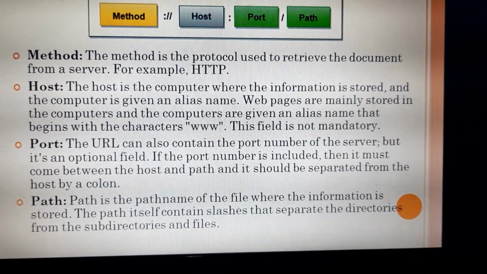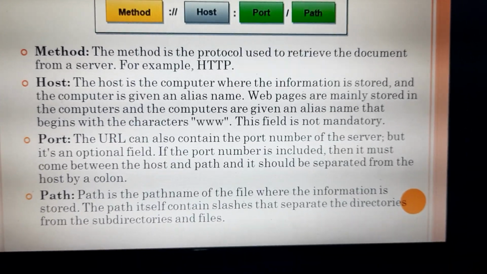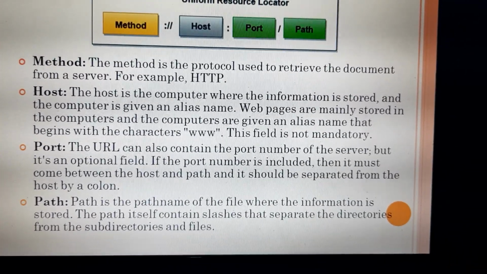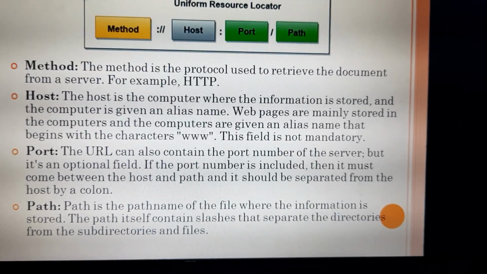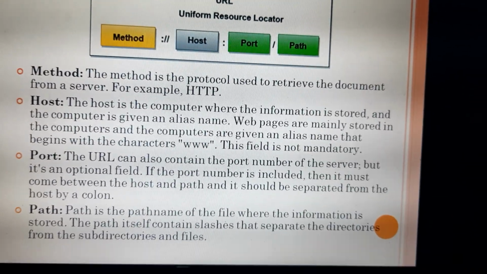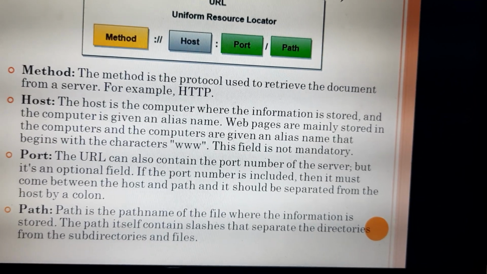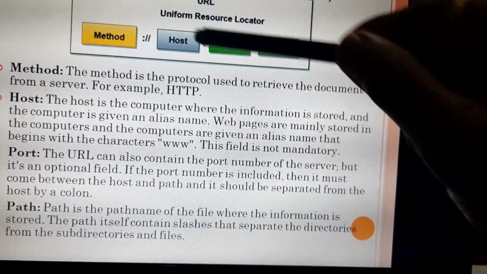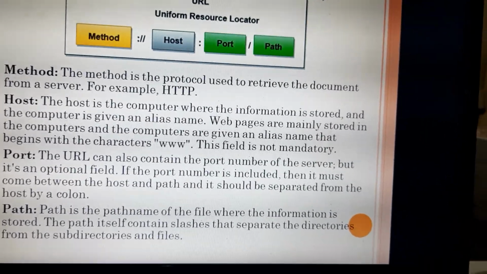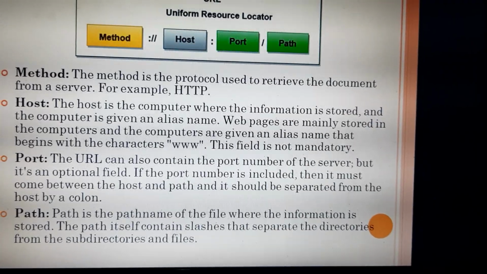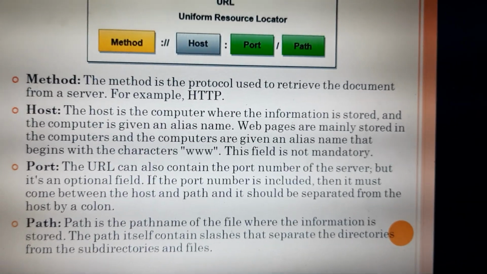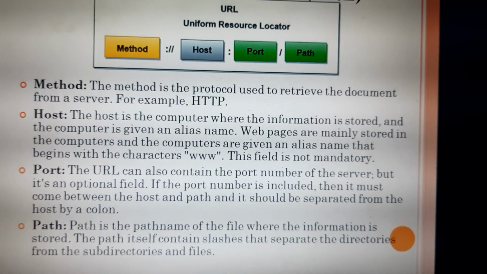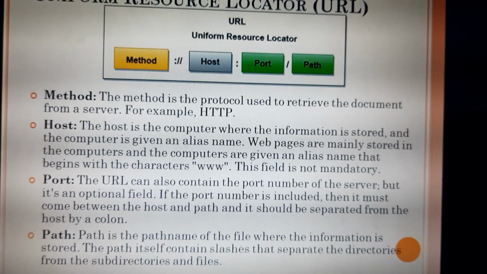For example, we write www dot, say ABC is the name of the company, www.abc.com. So this is the end of the host and port. We are finding the resources or information stored on a particular host, that is abc.com slash about us.